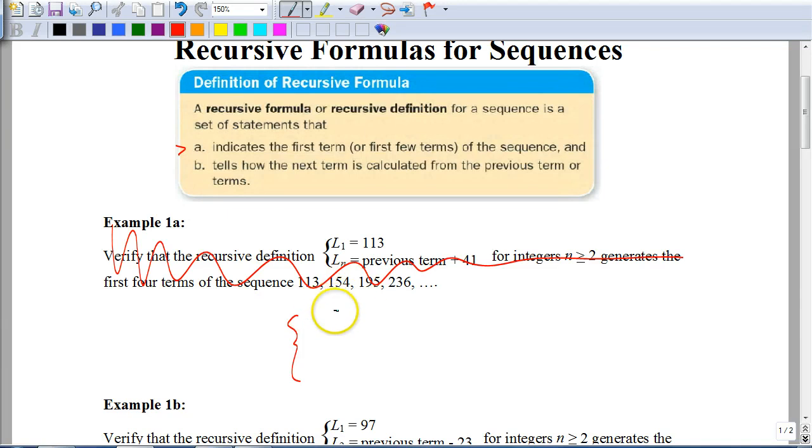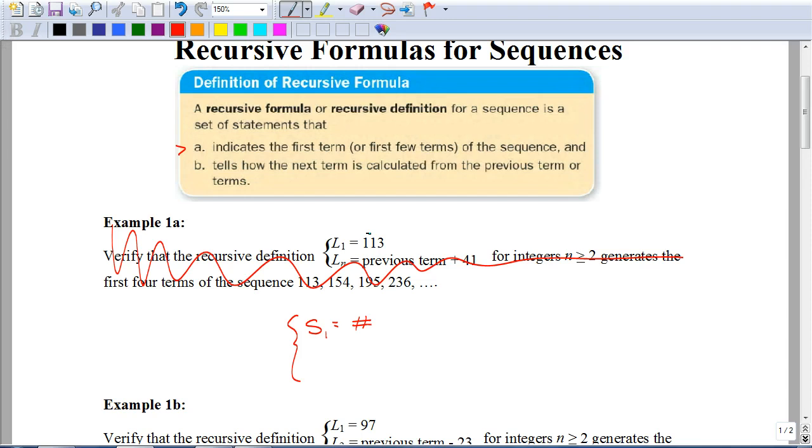So if we want to indicate the first term, we would say, let's use S sub 1 for the first term in the sequence equals some number. Okay, so that represents the first term in the sequence. Like here, even though I scribbled it out, you can see that the first term in the sequence was going to be 113.